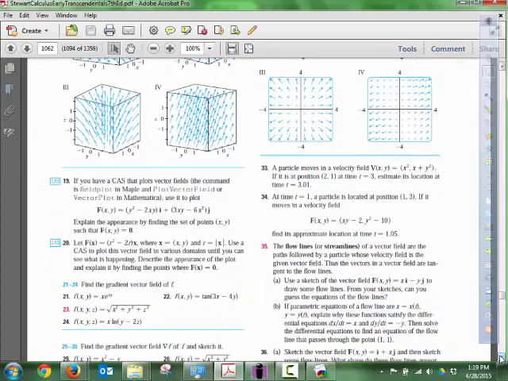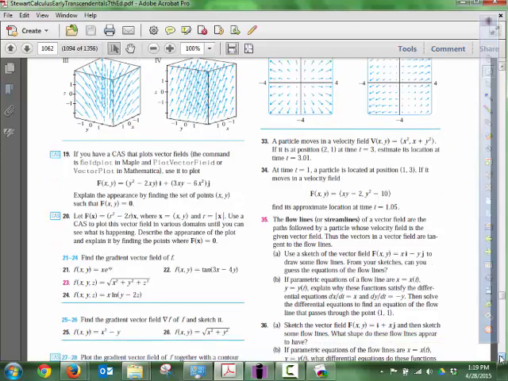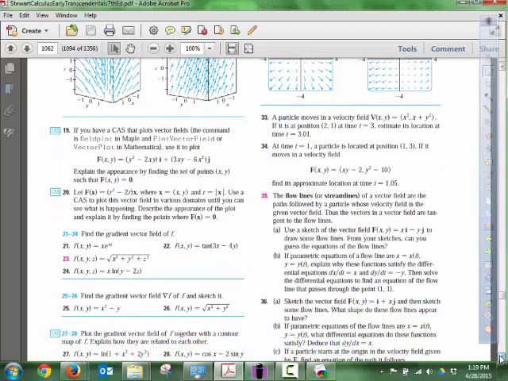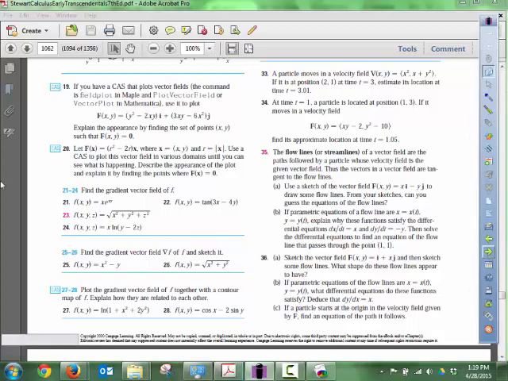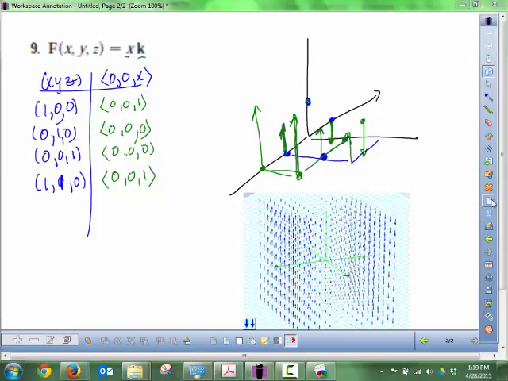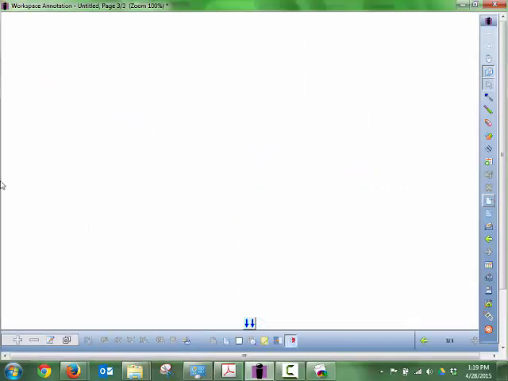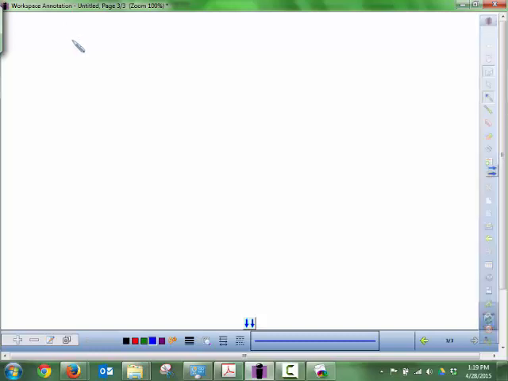So you have some matching problems here. Another interesting thing for us to look at is that this is how a vector field is defined, right?